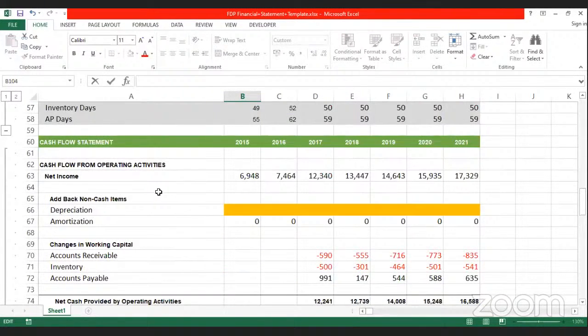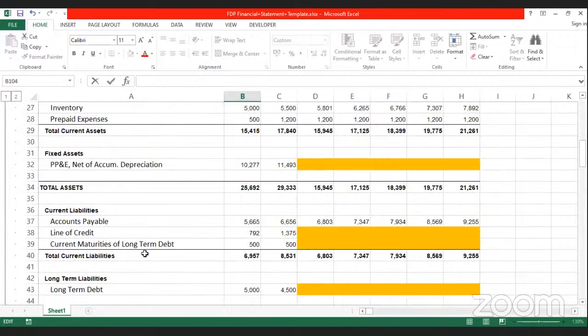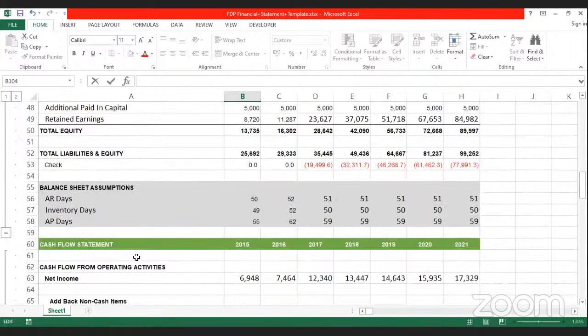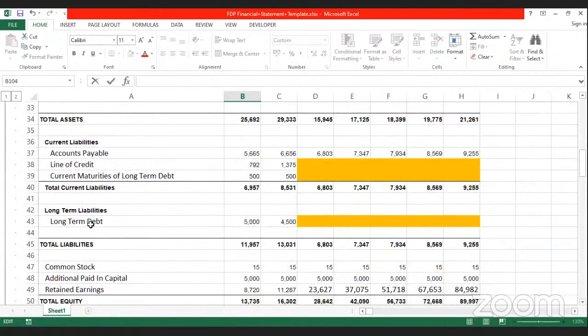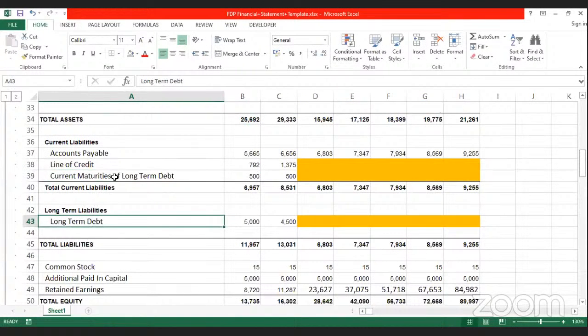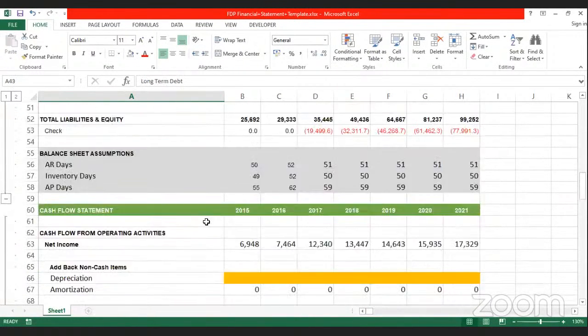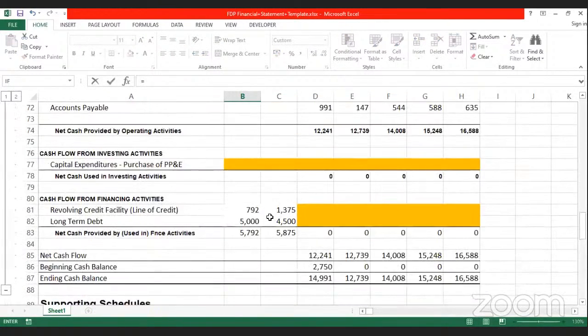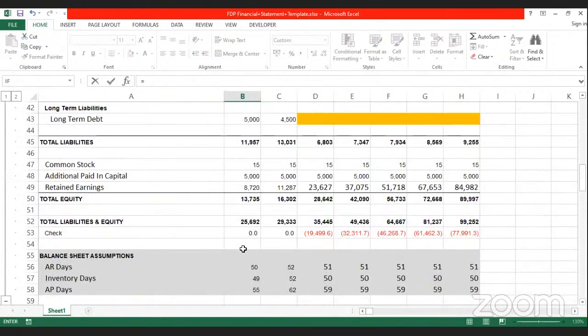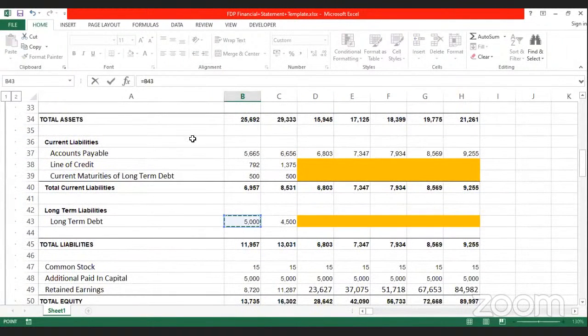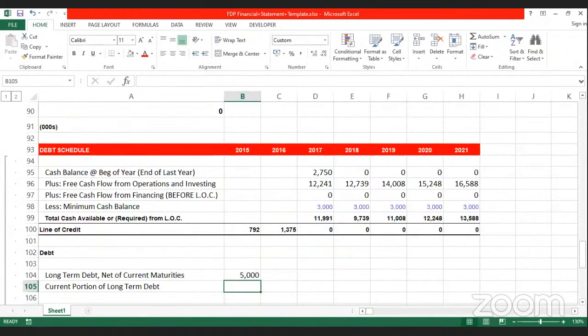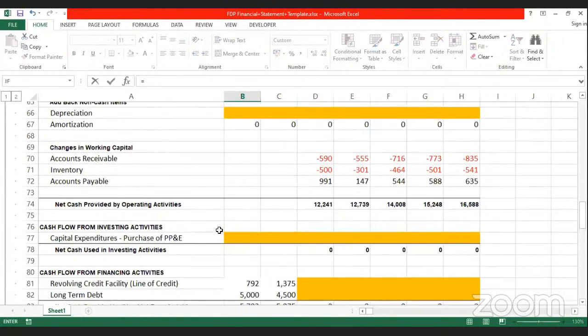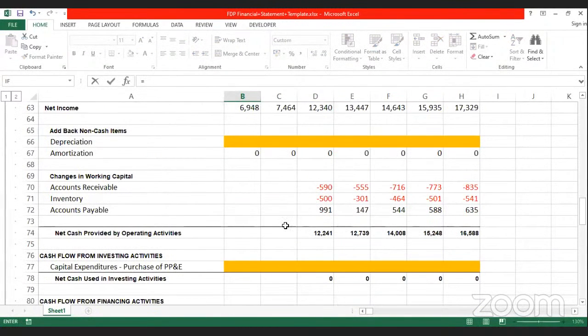Here on my balance sheet, current maturities of long-term debts is there, and here the long-term debt amount is there. These two things I do have with me. So what I need to do is take that reference here. So is equal to, enter is equal to, again I'll go to the balance sheet.